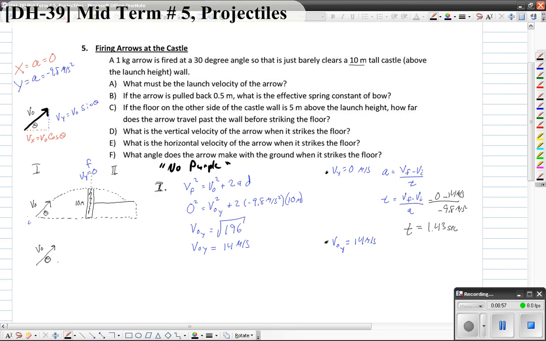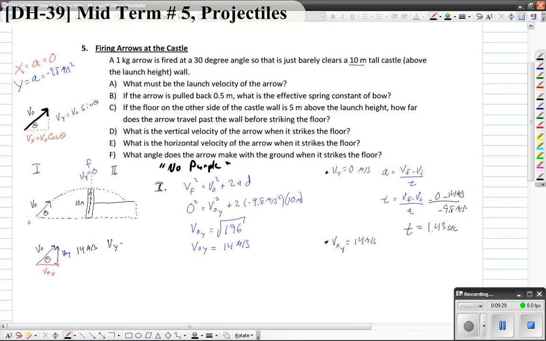And we know that it has an x component, and we know that it has a y component of velocity. We've already figured out that this is 14 meters per second. We know that that's 30, so we can figure out from that the initial velocity.